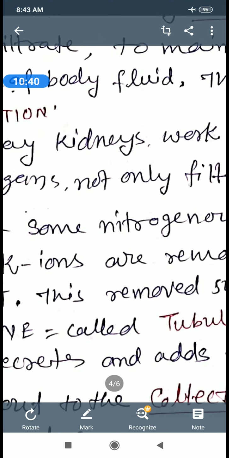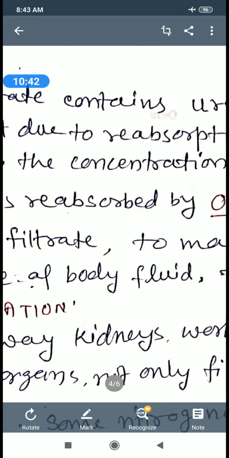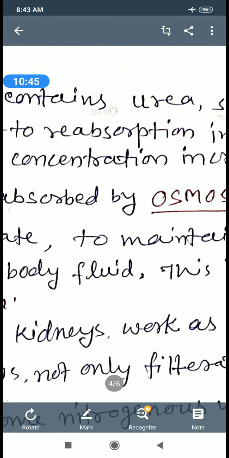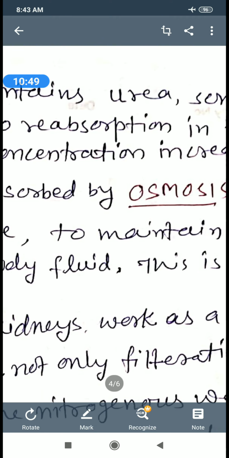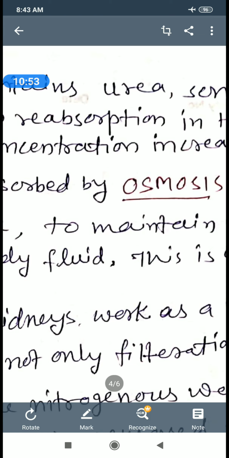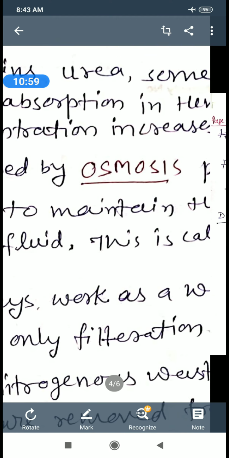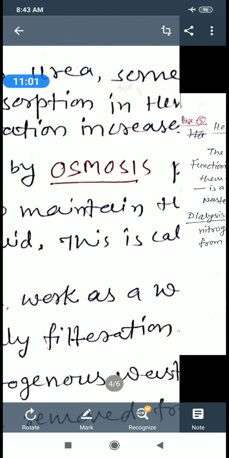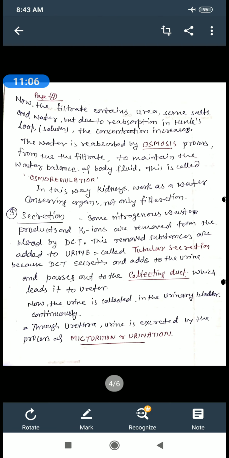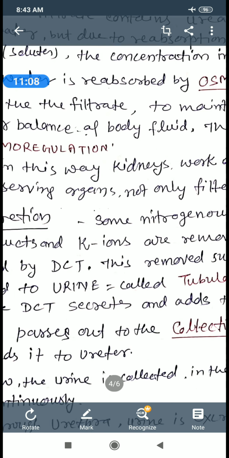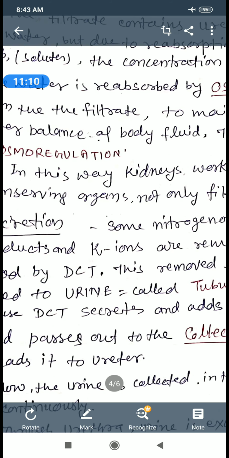Now the filtrate contains urea, some salts and water. Due to reabsorption of solutes, the concentration increases. The water is reabsorbed by the osmosis process from the filtrate.